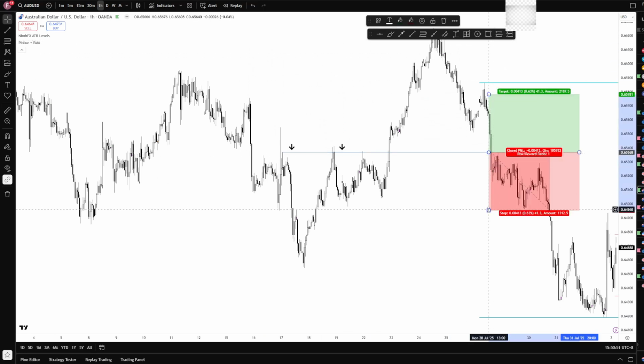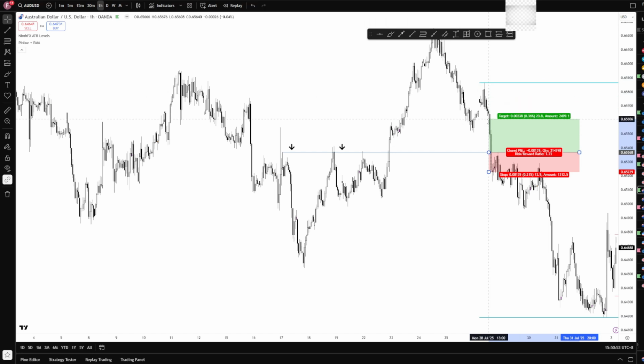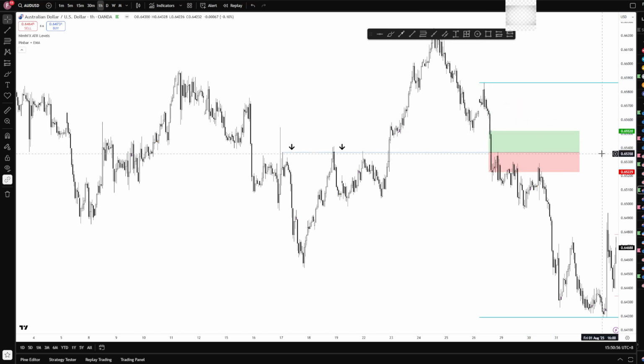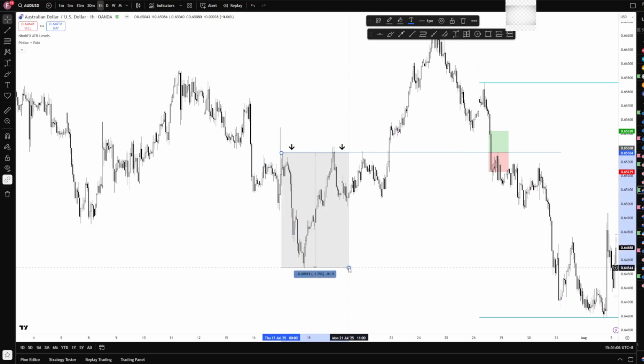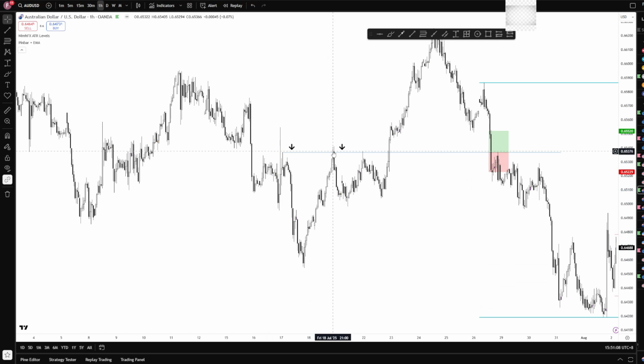Initially I thought it was quite a good trade, but now thinking back, maybe not so good. So this is how I draw my setup initially: a resistance that rejected price a big amount, but rejected it again a few other times, and price pushed up and came back down. So this is how I drew up the trade.